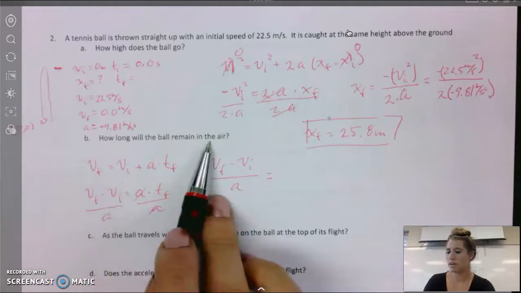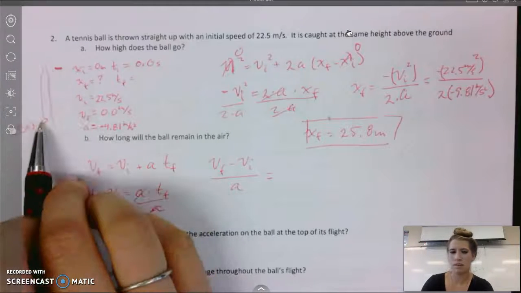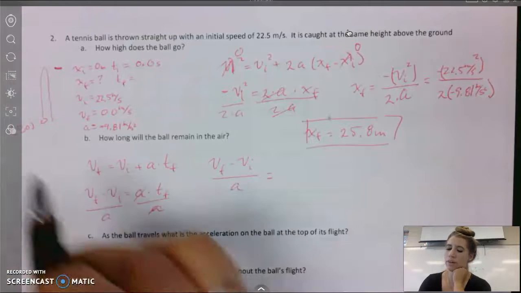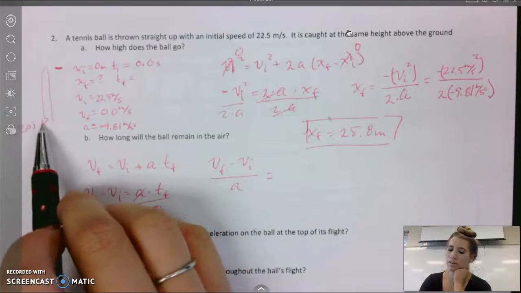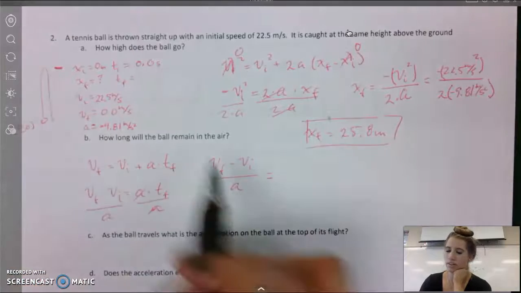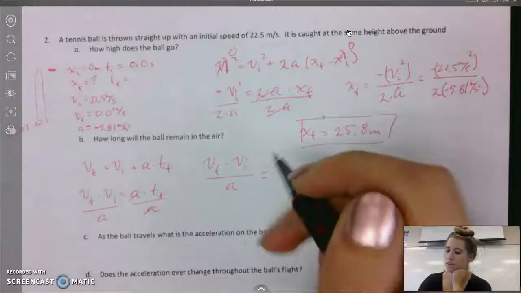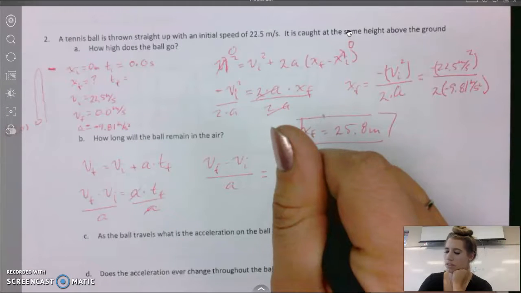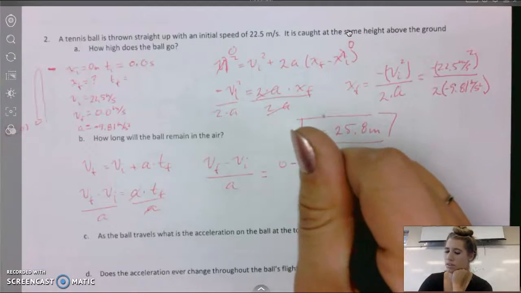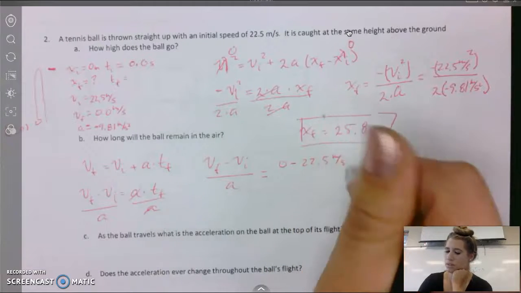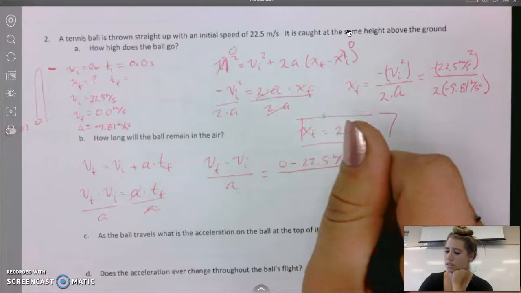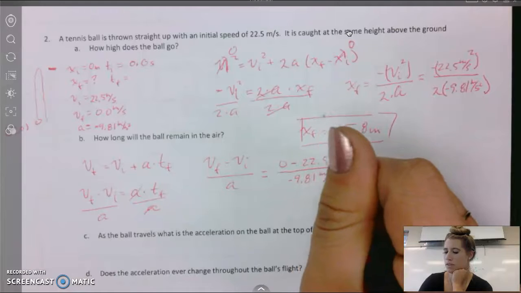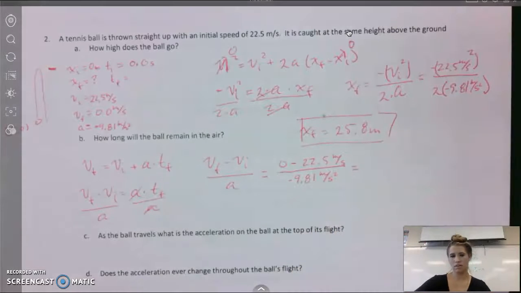How long will the ball remain in the air? We're going to double it. Well, let me think through this. Let's figure out how long it's going to take for it to go from here to there, and that's kind of how we have this problem set up. So velocity final is 0. Velocity initial, 22.5 meters per second. Acceleration, negative 9.81 meters per second squared.